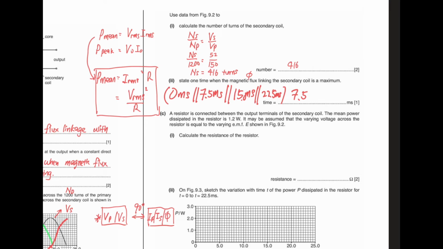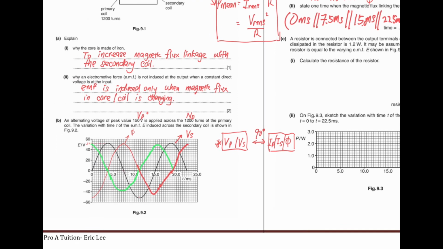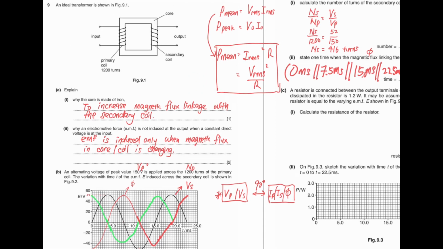That means we can use the graph in part B just now, figure 9.2. Okay, we can use this graph for our calculation. So this graph gives us V naught, which is 52.